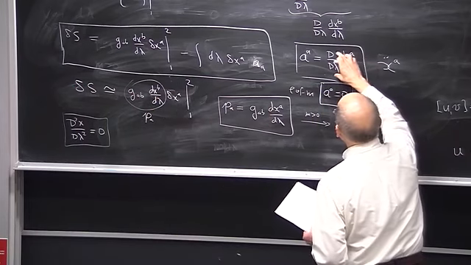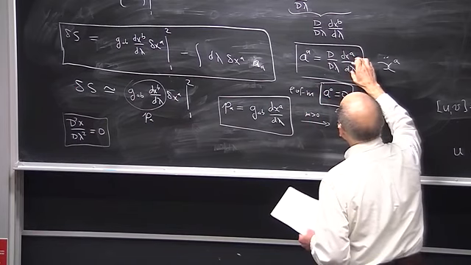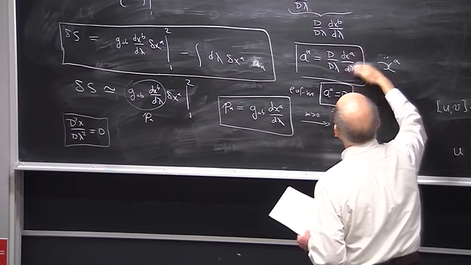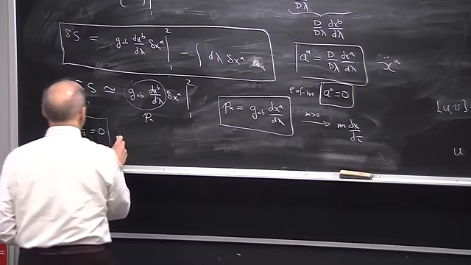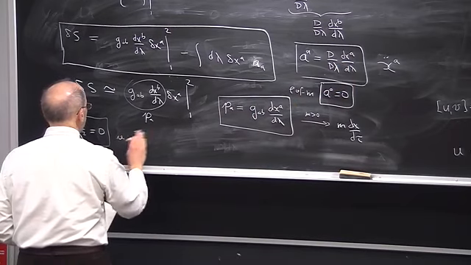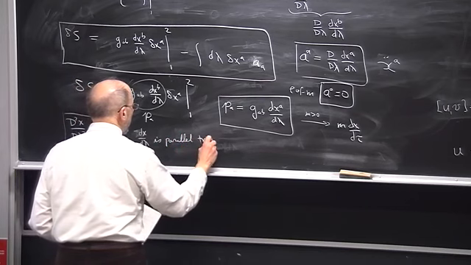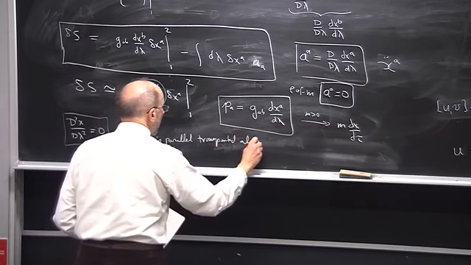That means that when we form the derivative by parallel transport, the velocity vector, which is just dx/d lambda, is parallel transported along the world line. That's what the equations of motion tell you.